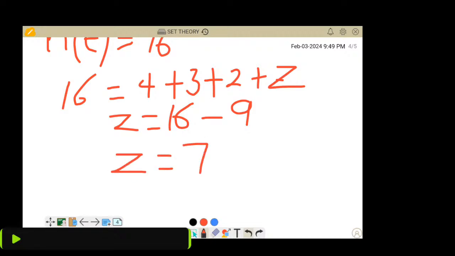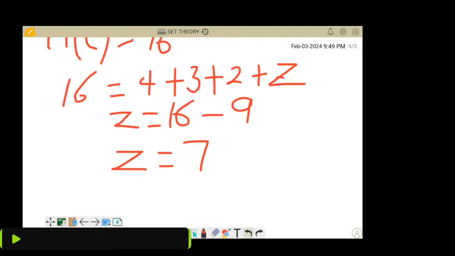And the number that failed, which is equal to F, can be found now by adding every number within the Venn diagram together and equating it to our universal set. So how do we go about that?